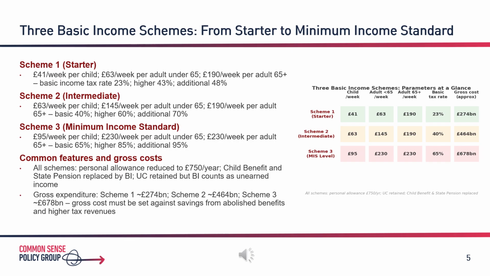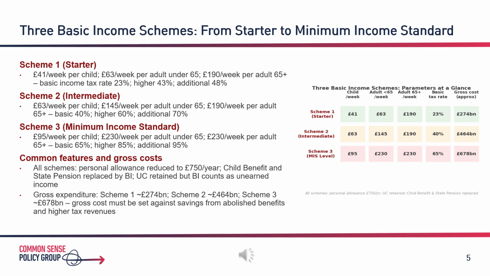The tax rates required for fiscal neutrality through income tax alone are very high. 65% basic, 85% higher, 95% additional. These are not intended as a realistic immediate policy prescription. They are included to demonstrate that the theoretical ceiling of income tax-funded basic income can reach MIS level.